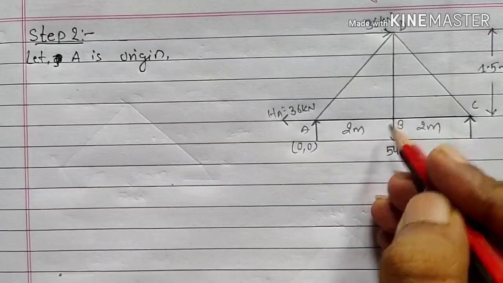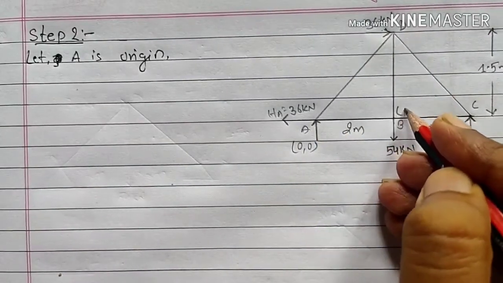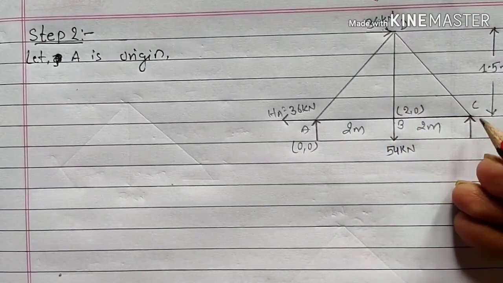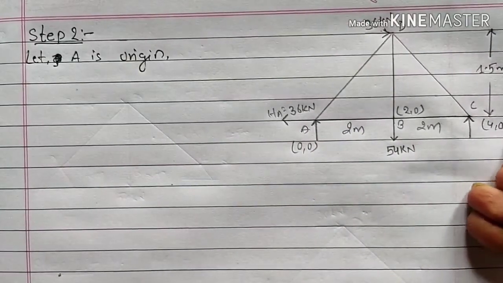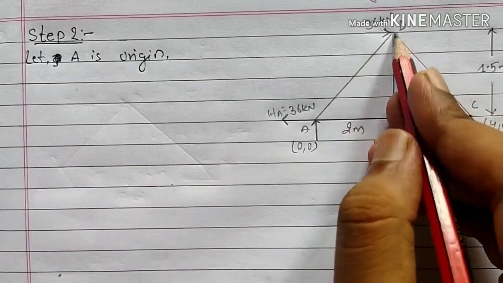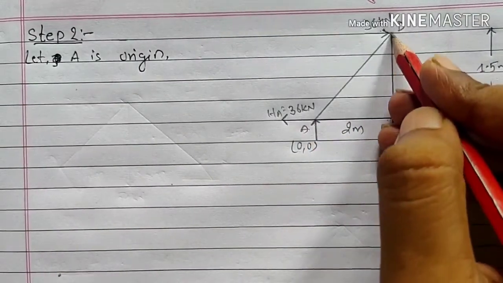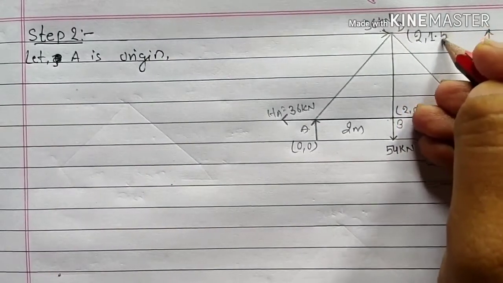Similarly B is 2 meter from A in x-axis, so it will be 2 comma 0. Similarly the coordinate of point C will be, it is 4 meter from A, so it will be 4 comma 0, and our point D will be 2 meter in x-axis and 1.5 meter in y-axis, so its coordinate will be 2 comma 1.5.